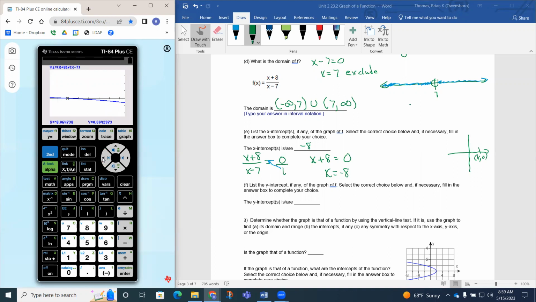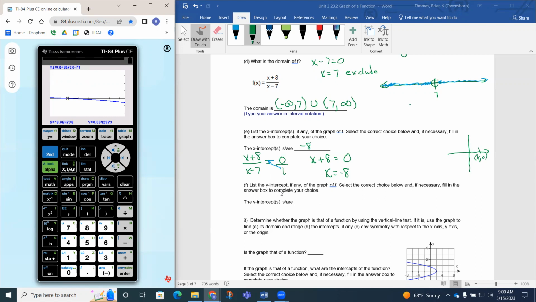Around -8, we're seeing some really small values. But it's really hard to tell just from the graph, because the graph gives you an estimation, but the actual answer has to be done algebraically or using the table.